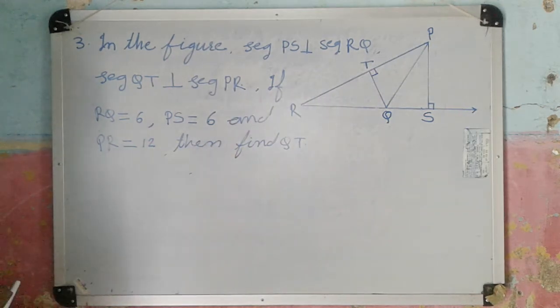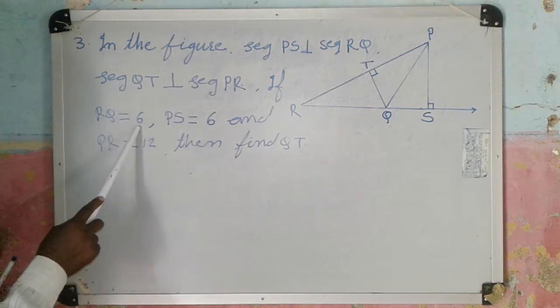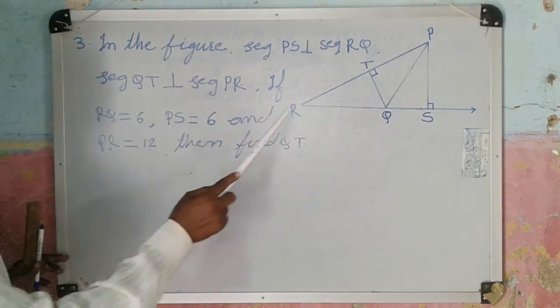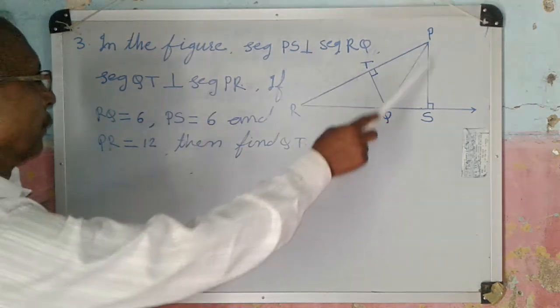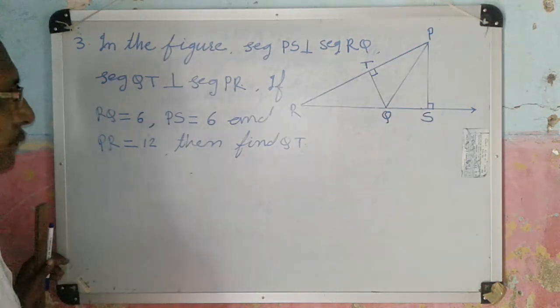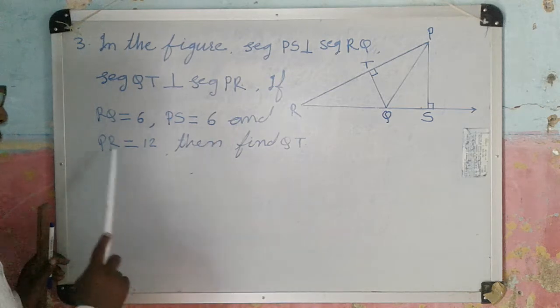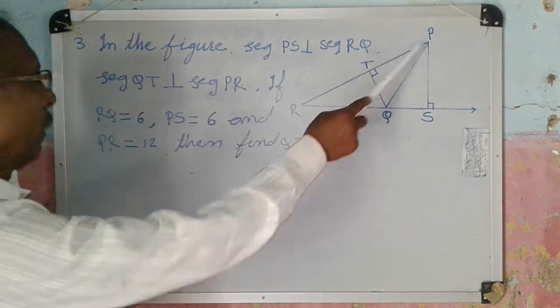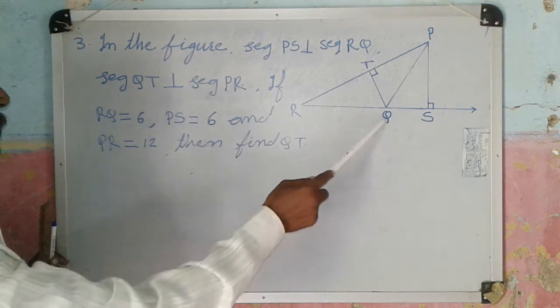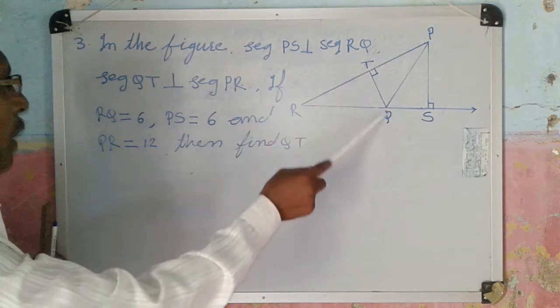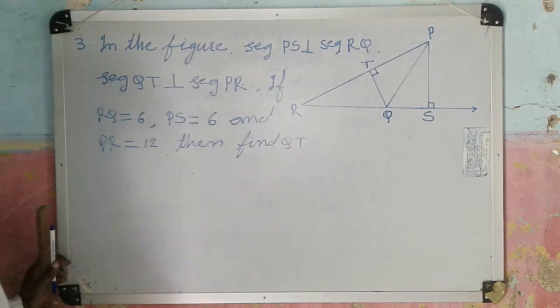Now length of RQ is equal to 6. Length of PS is equal to 6. And PR is equal to 12. Then we have to find the length of QT.